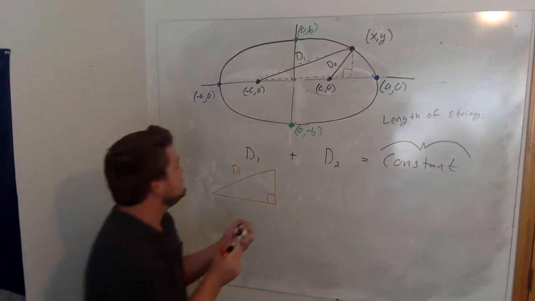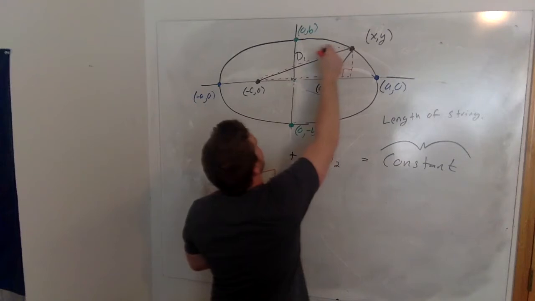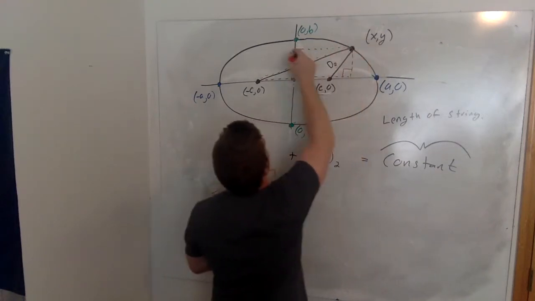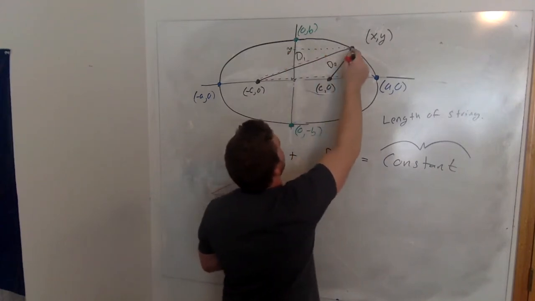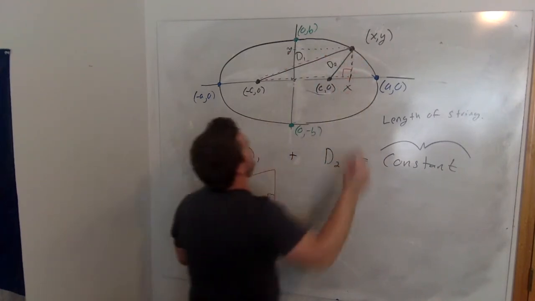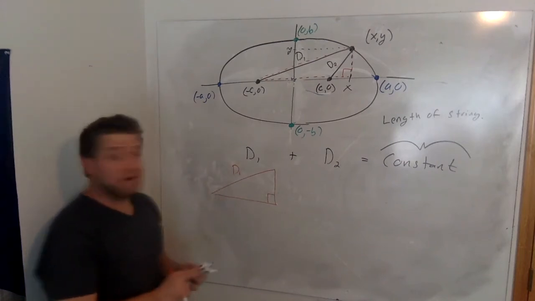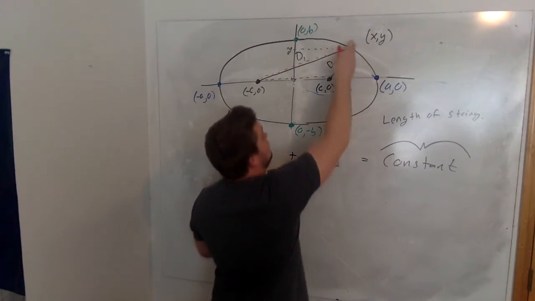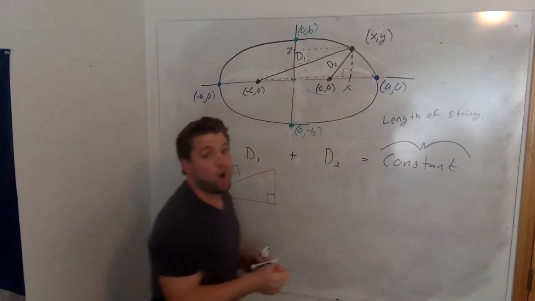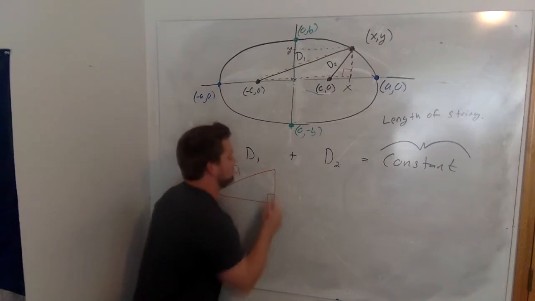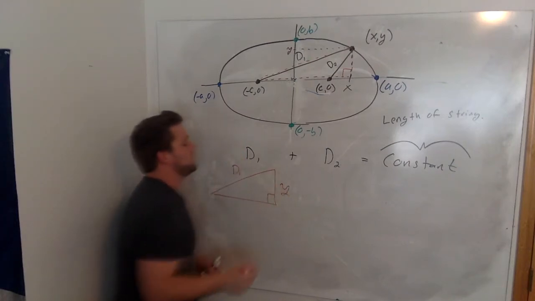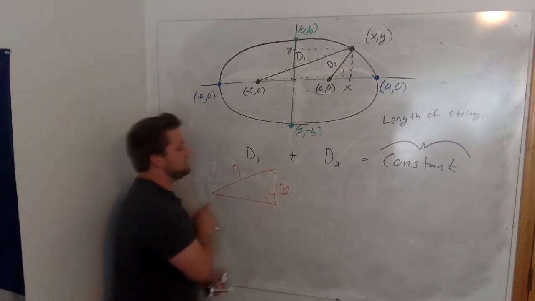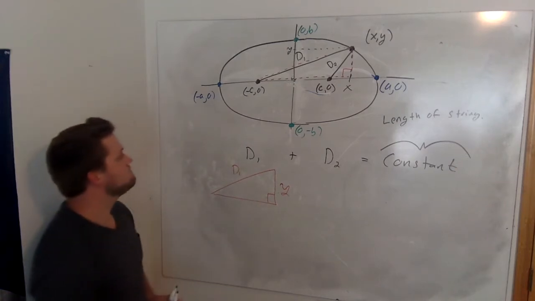Let's draw this over here. Since this point here has an x-coordinate of x and a y-coordinate of y, that means this here will be y, and right here will be x. So hopefully what we can see is that the vertical leg will have a length of y. And what will be the length of the horizontal leg?